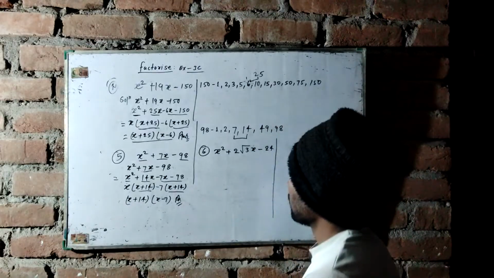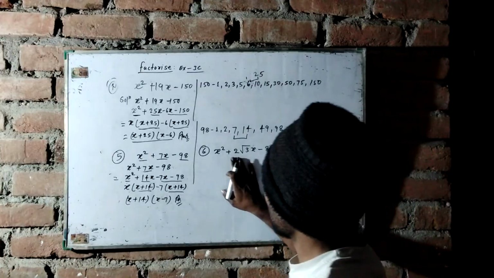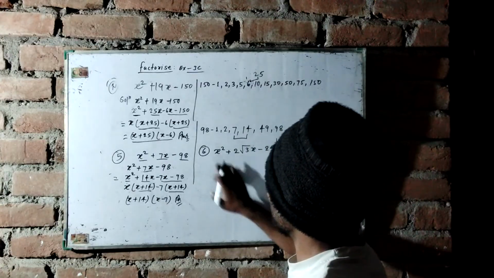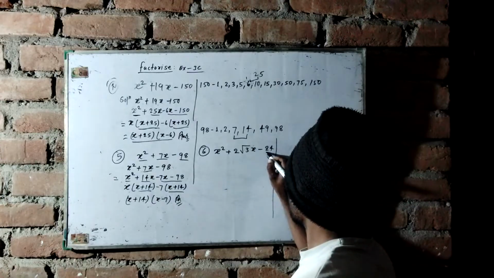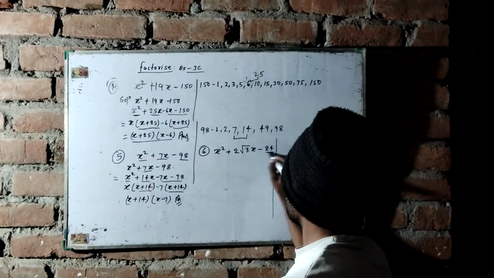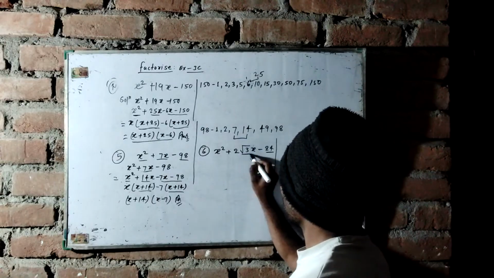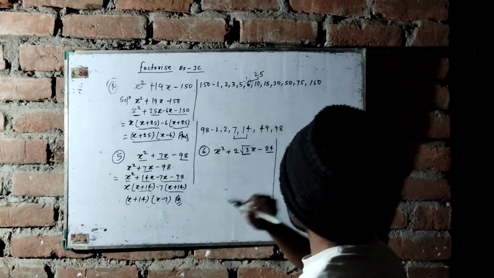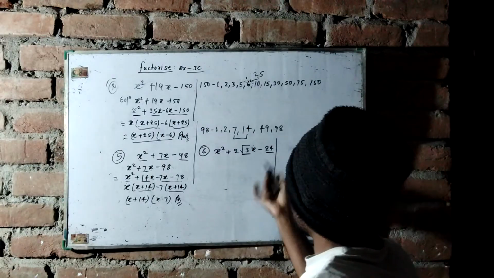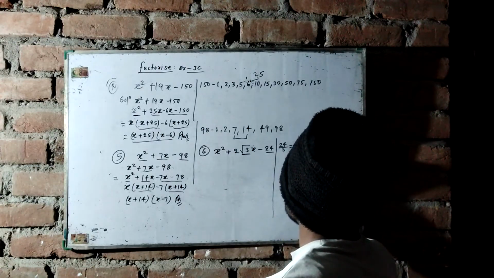First of all, for solving this type of polynomials, we divide the constant by root 3 numbers, and we can write 24 divided by 3 is equal to 8.